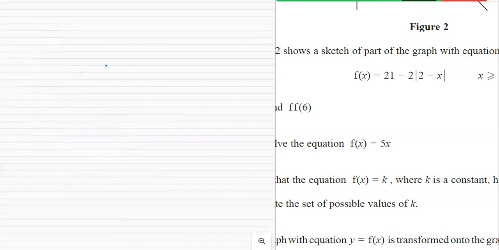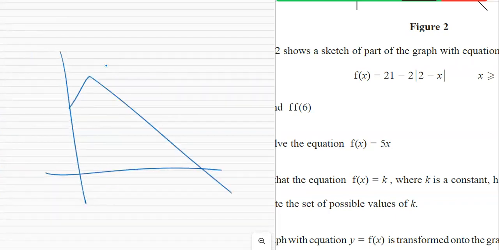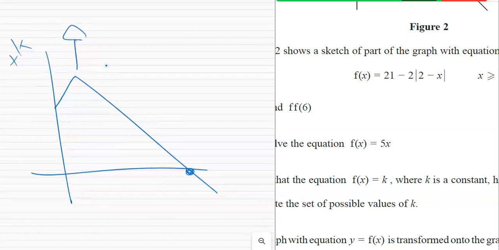If we move it up, so this is what it looked like originally. If we keep moving it up, so we're saying plus some sort of k value, then this thing is not going to have more than one root ever. If you look at this, it's just going to get further and further away.